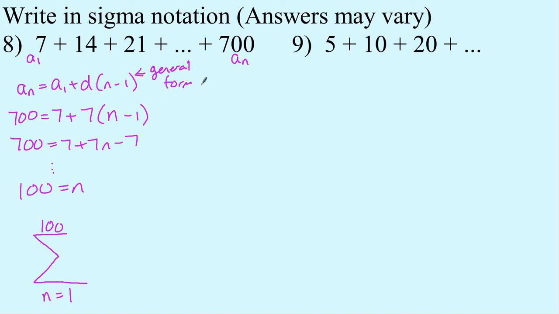We plug in what we know: the first term is 7, the difference is 7. We can simplify it, make it nicer. We just get 7n. That's how you get the term. So this is your final answer.